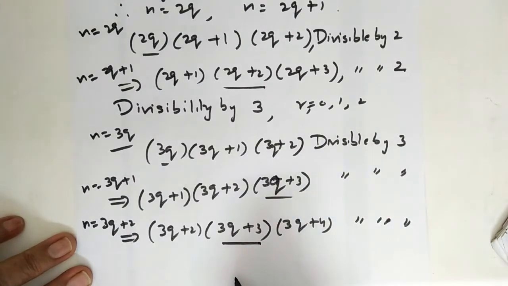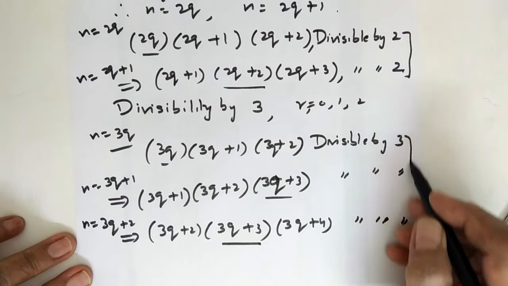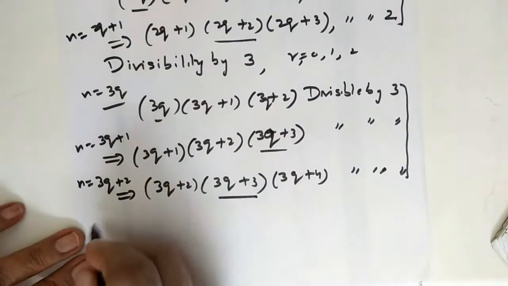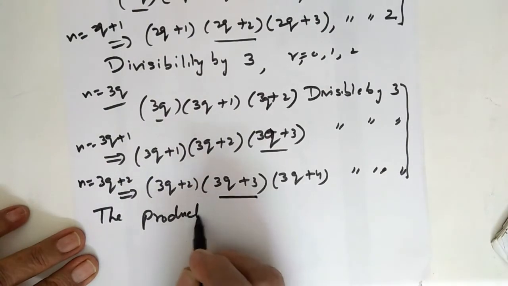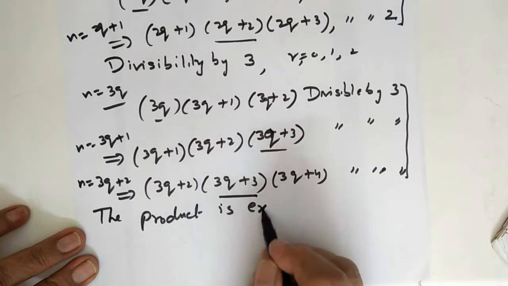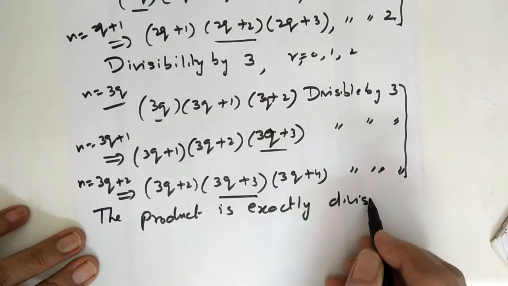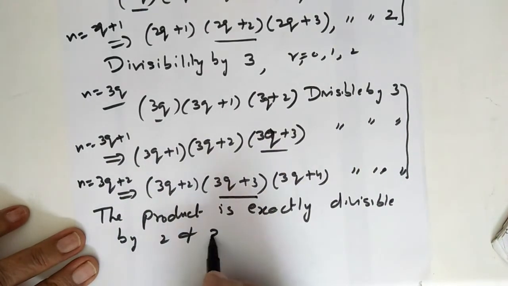So the product is exactly divisible by 2 and 3.